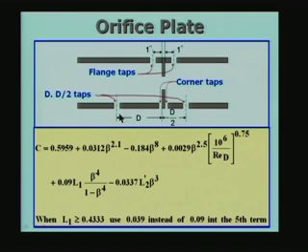If you do not want to use a manometer because it is not convenient or it is not possible to use because the pressure difference is too small, then you can use two pressure transducers or one differential pressure transducer, and this tap will be communicating to one side of the differential pressure transducer, and this tap will correspondingly go to the other side of the differential pressure transducer.